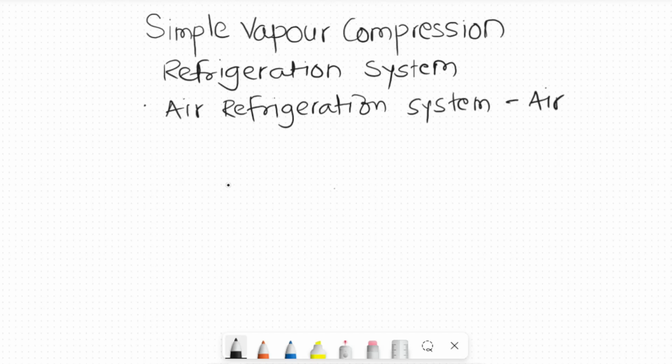Now, in case of the vapor compression refrigeration system, one new thing is introduced as a working fluid, working substance, and it is called as a refrigerant.